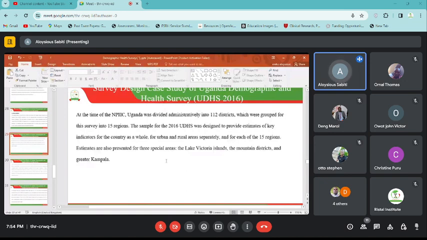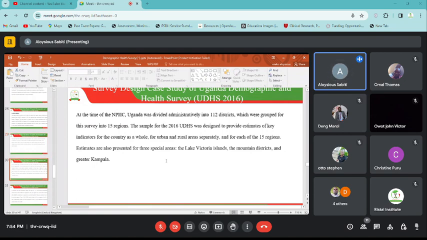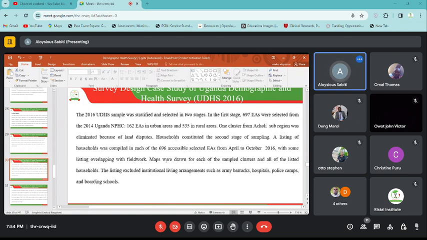So just a brief here was that Uganda was divided administratively into 112 districts. And these districts were further grouped into 15 regions. So the sample for the UDHS 2016 was designed to provide estimates for key indicators countrywide and for each of the 14 regions there in that statement.